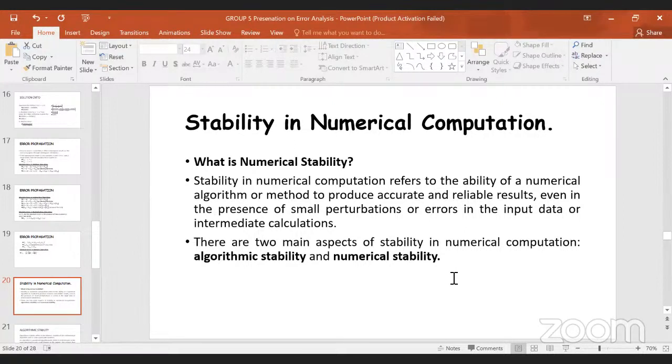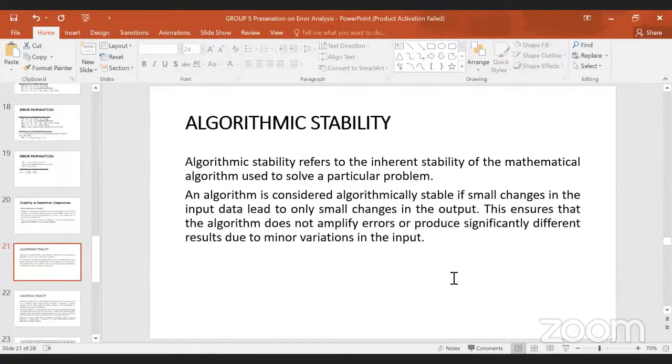There are main aspects of stability in numerical computation: algorithmic stability and numerical stability. One deals with the algorithm and one deals with the numerical value being used.